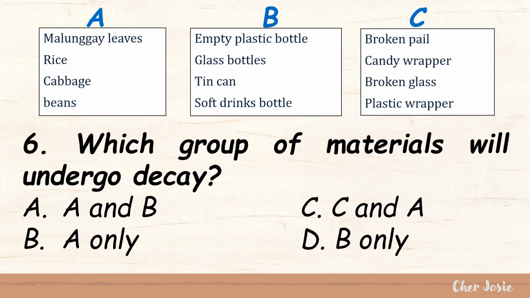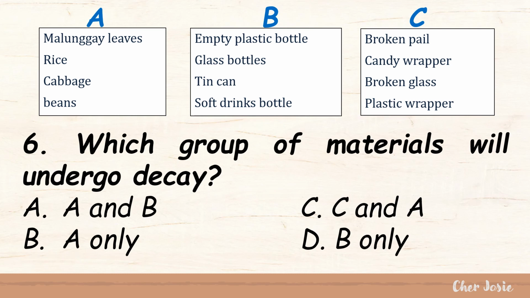We have here 3 boxes with different words inside. For letter A, we have malunggay leaves, rice, cabbage, and beans. For B, we have empty plastic bottle, glass bottles, tin can, and soft drinks bottle. Letter C, we have broken pail, candy wrapper, broken glass, and plastic wrapper. Here's the question for number 6.